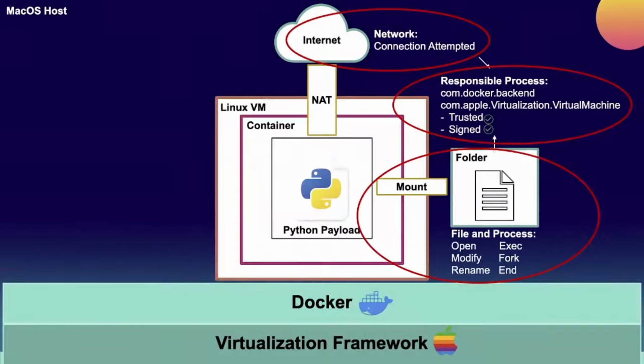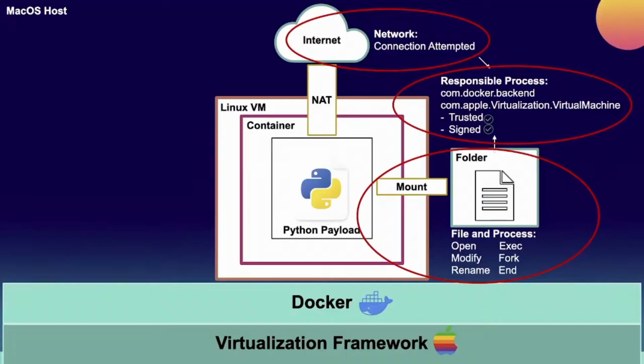I want to make this perfectly clear, though. In regards to visibility, and the real issue here which makes this technique so powerful and effective: with an EDR or the Endpoint Security framework events, we can see network connections, inbound and outbound.